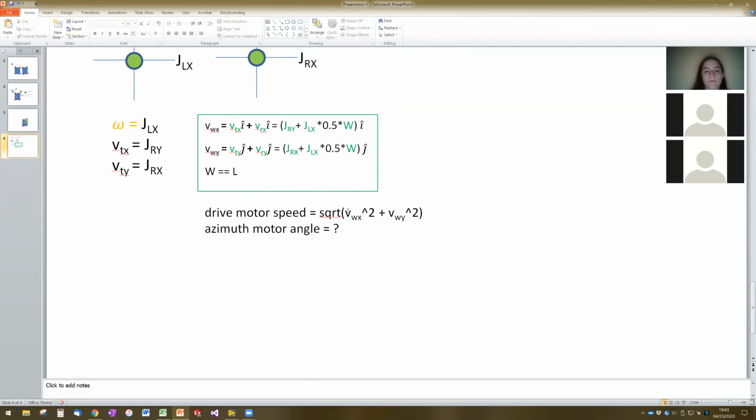And that's just the Pythagorean thing where VWX and VWY are your delta x and delta y. They are those two components of the line. In this case, the line is the velocity vector. Any questions on this equation?